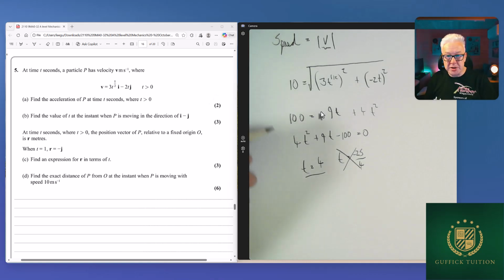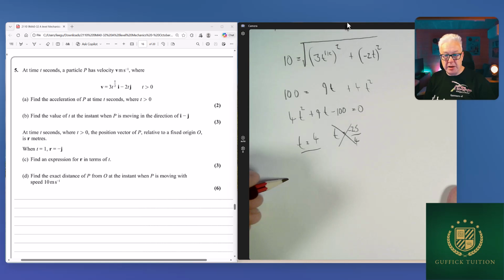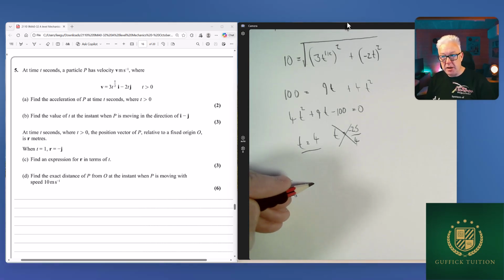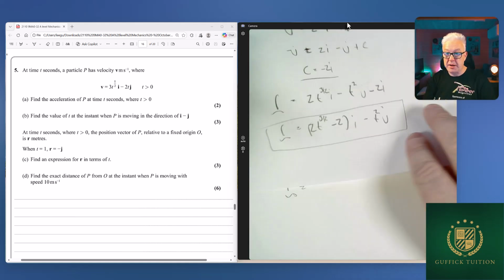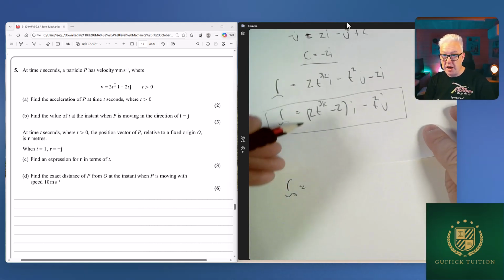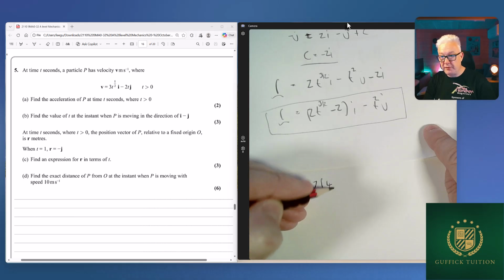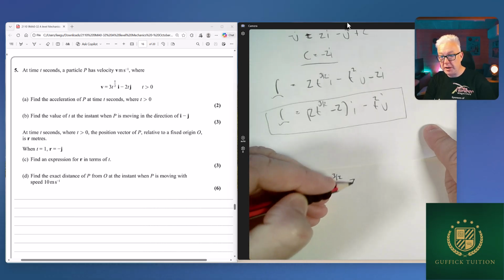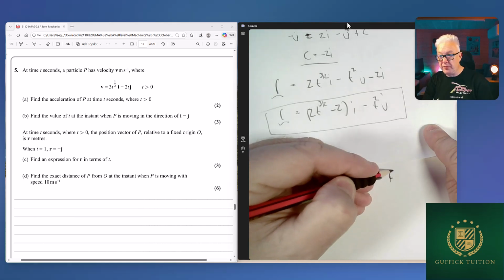Now we go back to the equation that we found for our position vector, and we sub in t equals 4 to find out where the particle is. We're going back to this equation here and putting 4 into it. So we have (2 times 4 to the 3 over 2 minus 2)i minus 4 squared j.